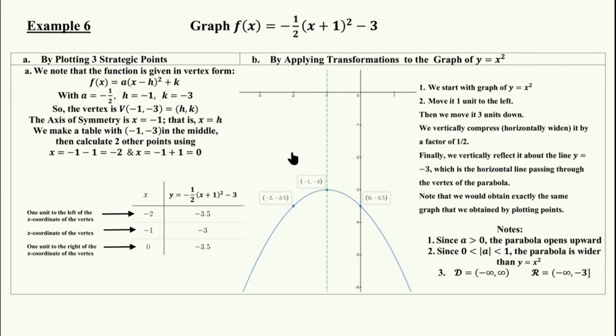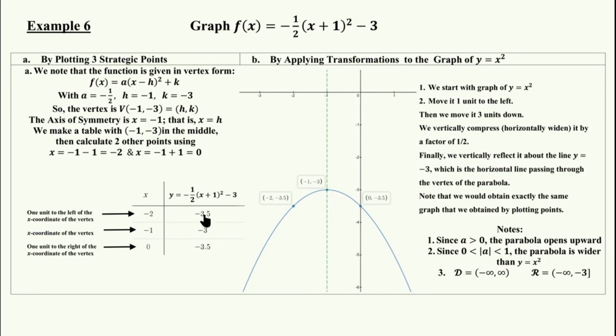So you have basically learned 2 ways of graphing these quadratic functions in vertex form. One way is to quickly find 3 relevant points, and these are not random at all. Remember, you start with the vertex, then you find an x value, exactly 1 unit to the left of the x value of the vertex, and 1 unit to the right of the x value of the vertex.